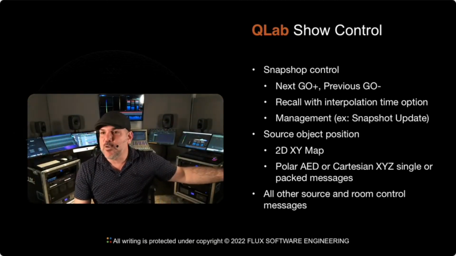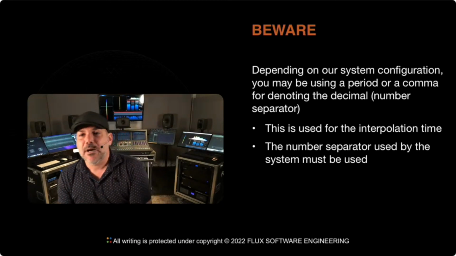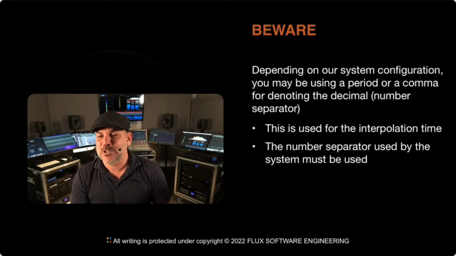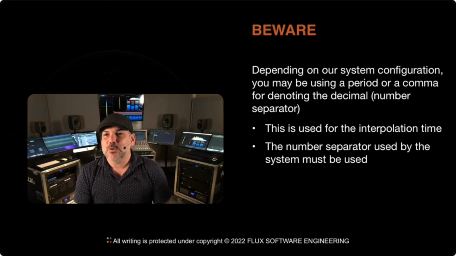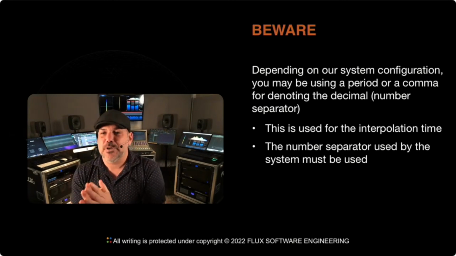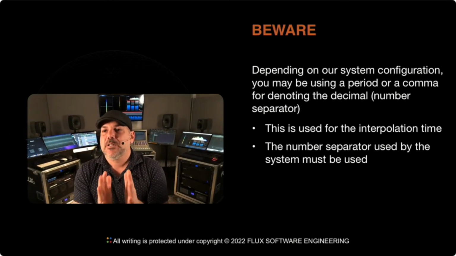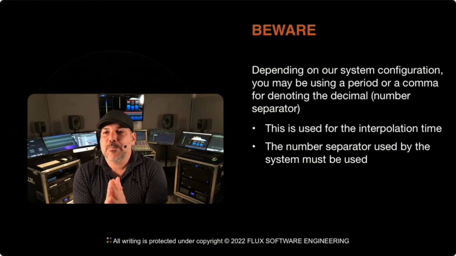Okay, moving on. Now I want to add a little warning here. Some support messages, some support message come often here. Interpolation time. Quick note: comma versus period. Yes, QLab uses the system number separator, okay?